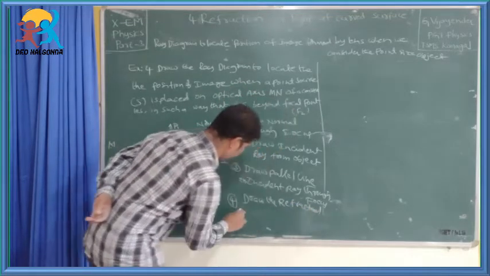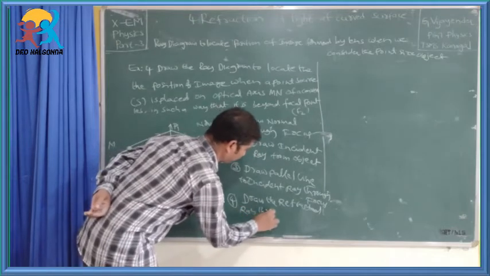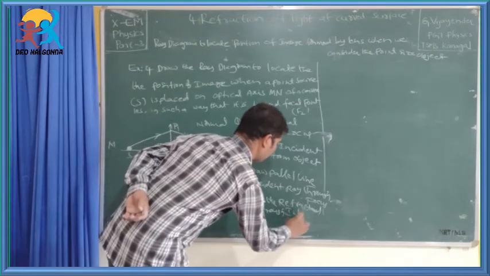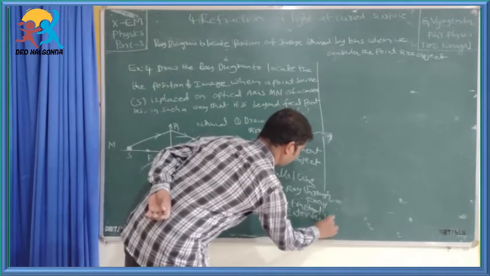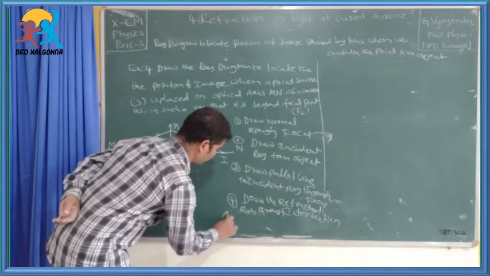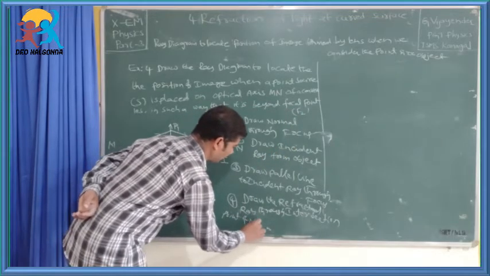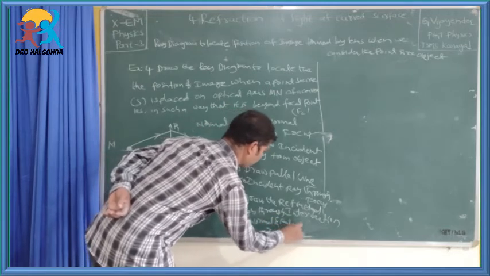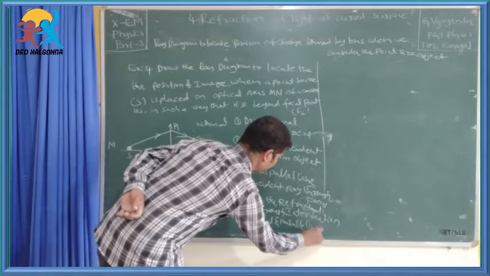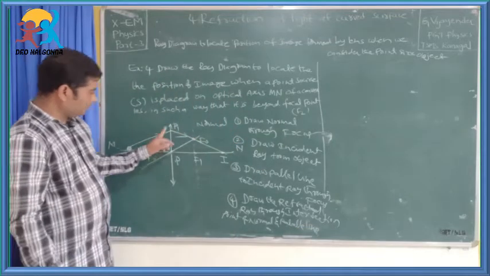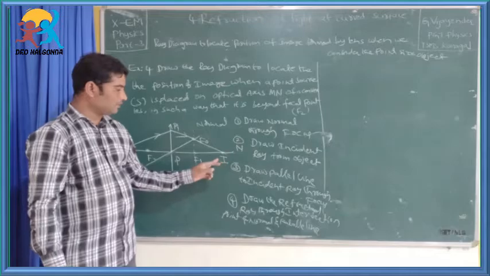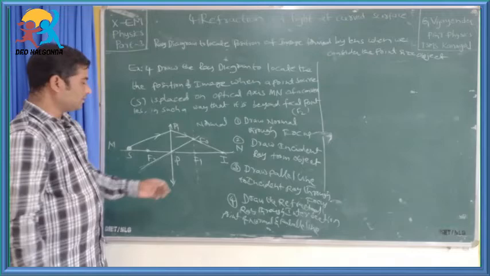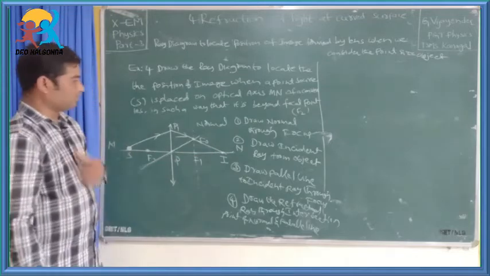This refracted ray meets at a point on the principal axis. That intersection point is the position of the image of the point object S.